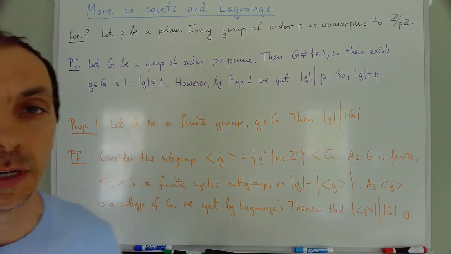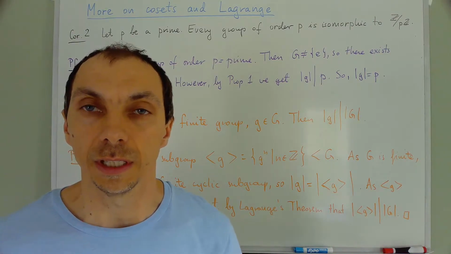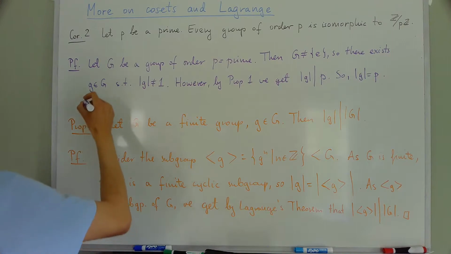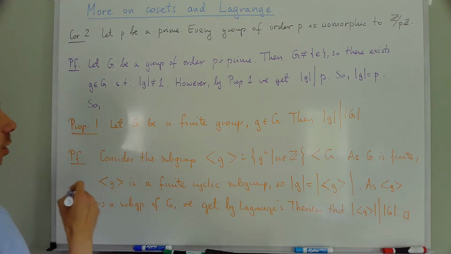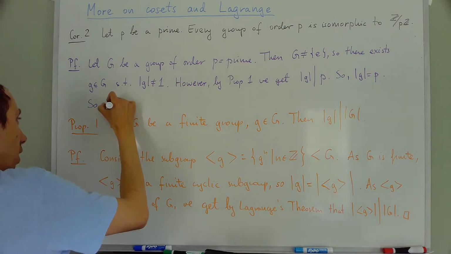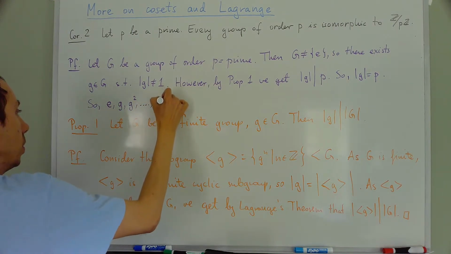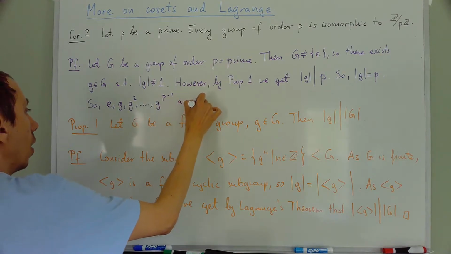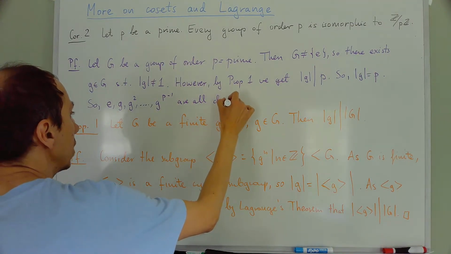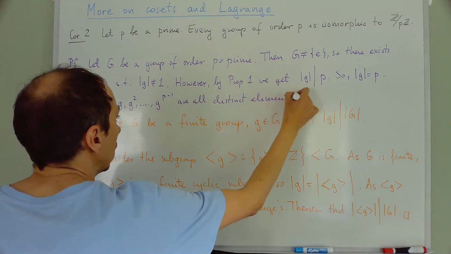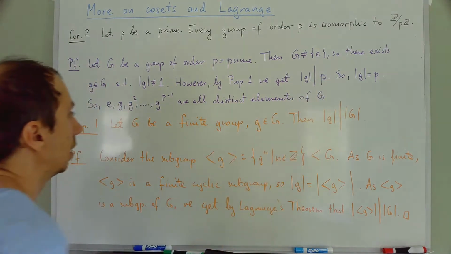But if I have a group whose element has order p, that means that the group is cyclic. So let's just write it this way: e, g, g squared, all the way to g to the p minus 1 are all distinct elements of G.